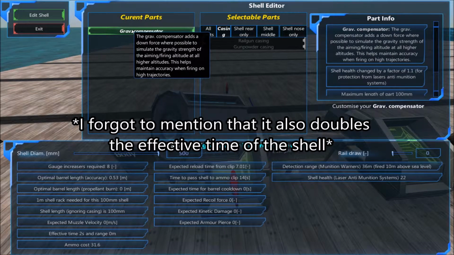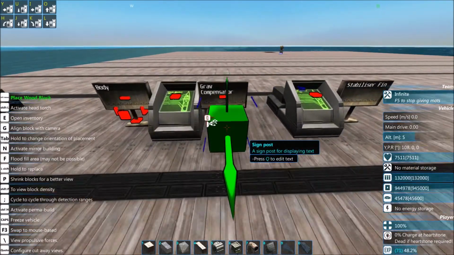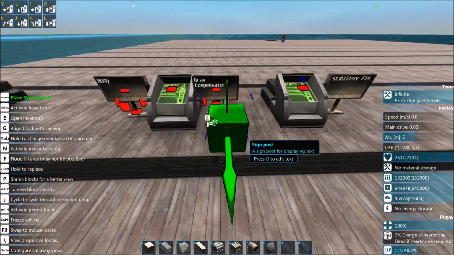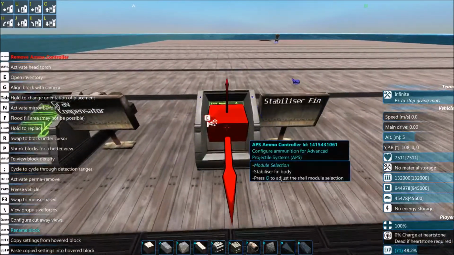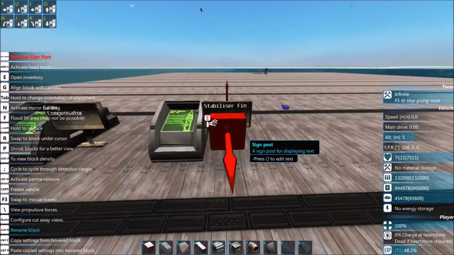It's so rare for the grav compensator to be beneficial, especially on APS shells, just because they hardly arc. So I personally haven't used the grav compensator that often. I've used it once or twice. It exists. You can use it if you want, but yeah, I wouldn't use it.